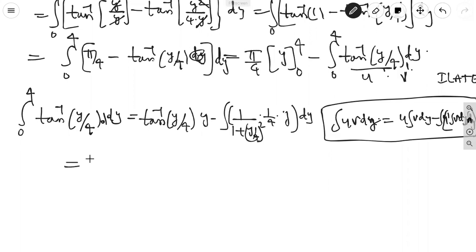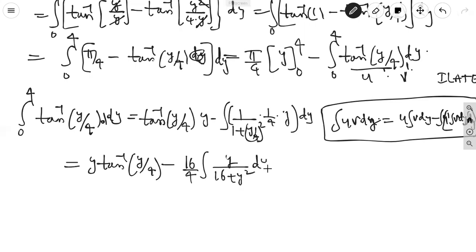It is equal to y tan inverse of y by 4 minus, 4 fours are 16, and that 4 comes to the numerator, so 16 integral. One more 4 is right outside, y by 16 plus y square into dy.